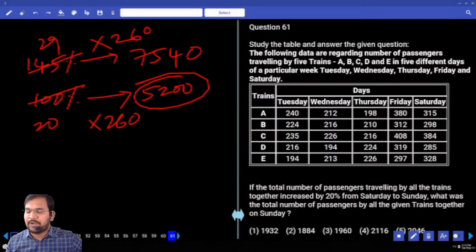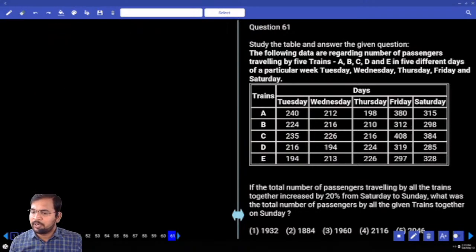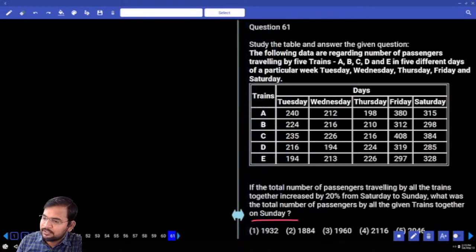Now the following data regarding trains A, B, C, D on 5 different days of a particular week. See the first question. If the total number of passengers traveling by all the trains together increased by 20% from Saturday to Sunday, what was the total number of passengers by all the given trains together on Sunday? Saturday they gave, they're asking Sunday.